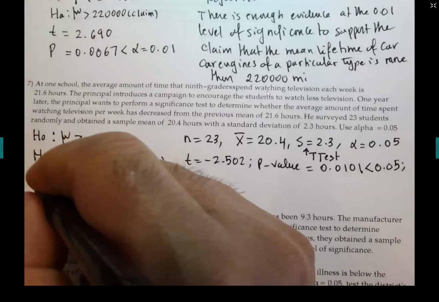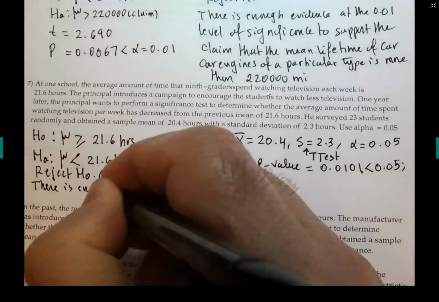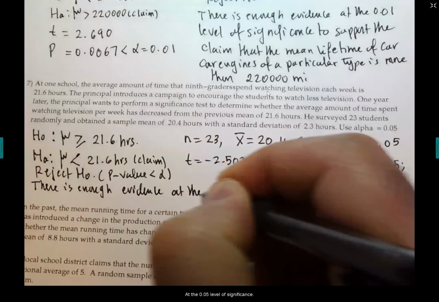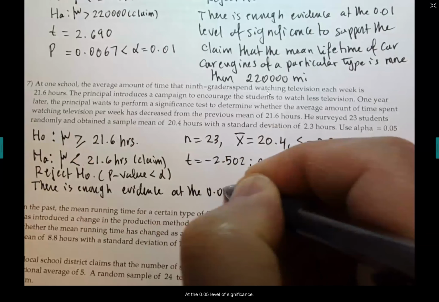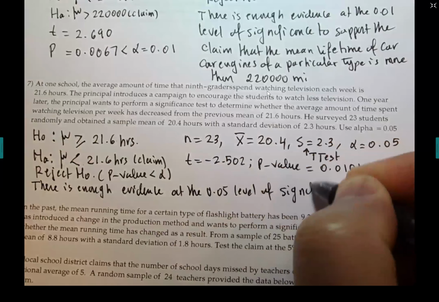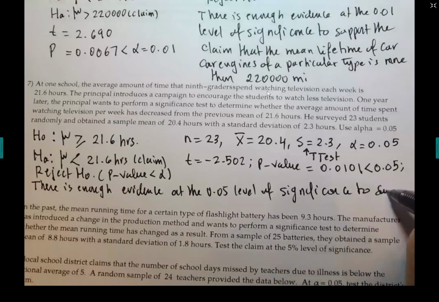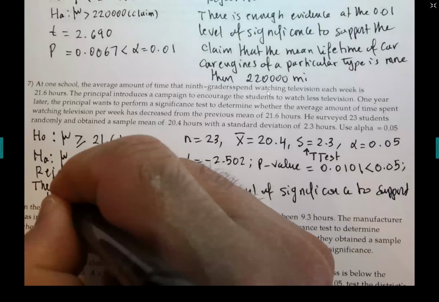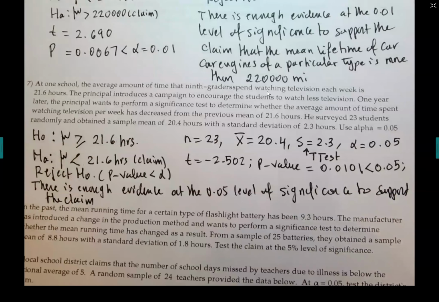There is enough evidence at the 0.05 level of significance to support the claim that the average amount of time spent watching television per week has decreased from the previous mean of 21.6 hours.